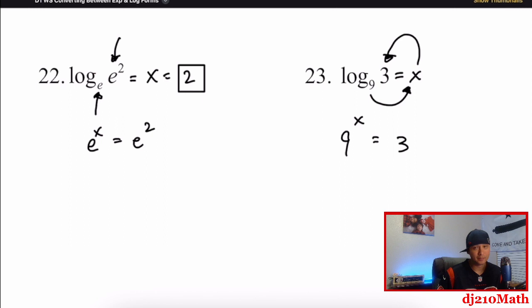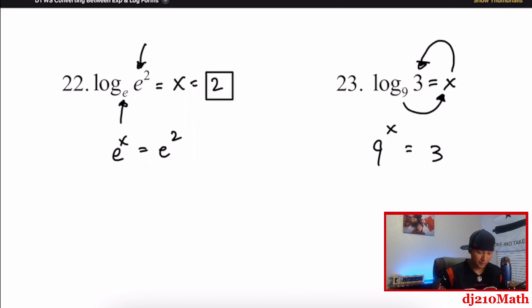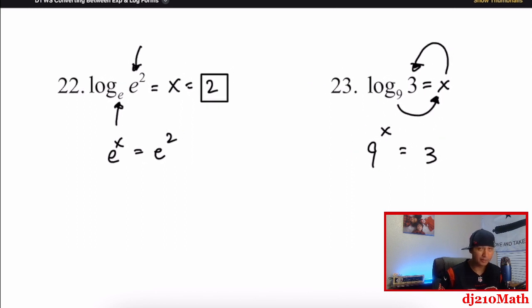If the argument is the base squared, the answer is 2. When it reverses, when the base is the argument squared, it's going to be 1/2.